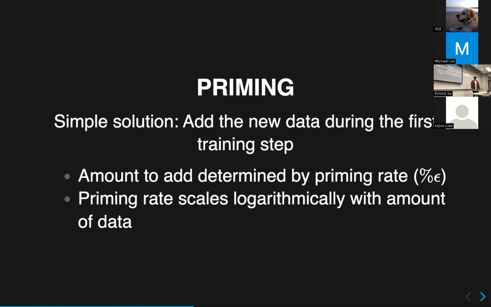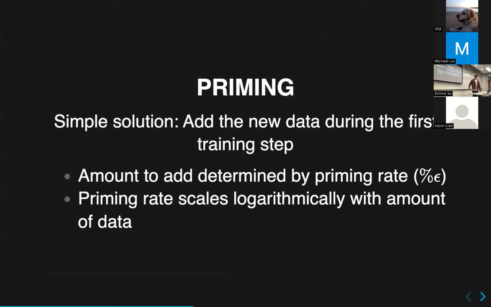So their solution: if you just inject, for each general case you want to extrapolate to, a couple examples, you improve performance substantially. And so that whole concept is called priming, injecting examples. And the amount to inject is determined by a priming rate we call epsilon percent, which is usually extremely tiny as it scales logarithmically with the amount of data.